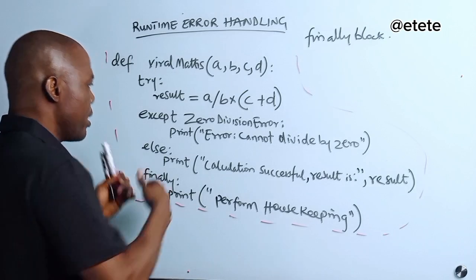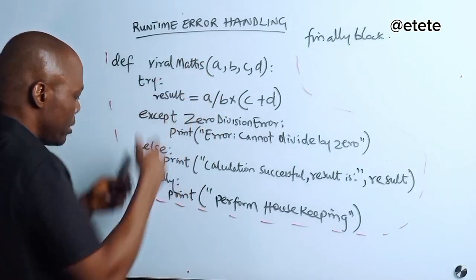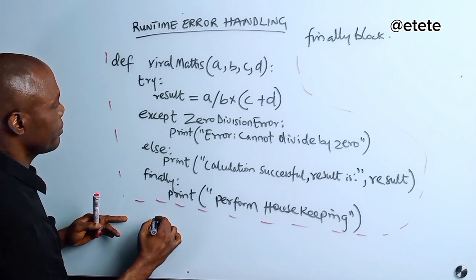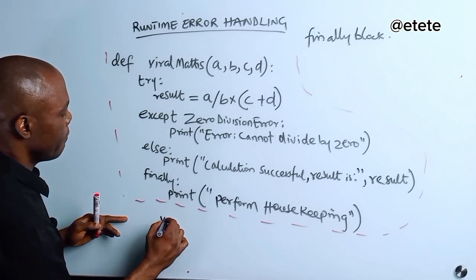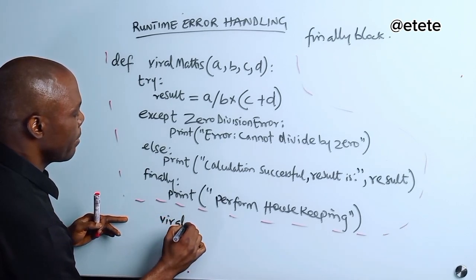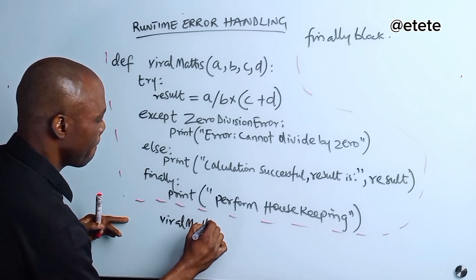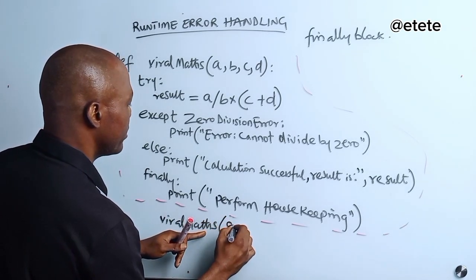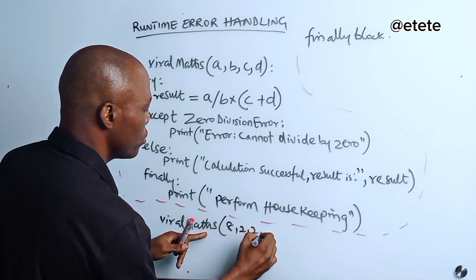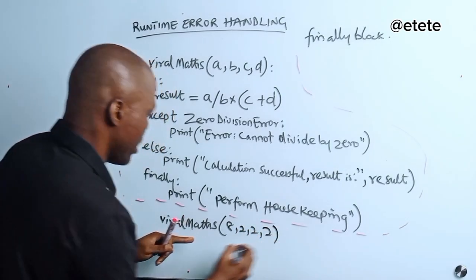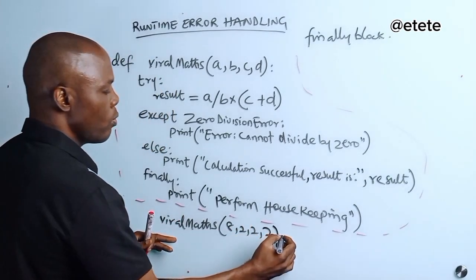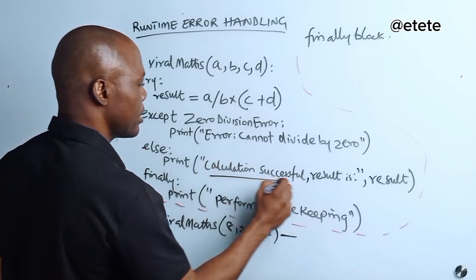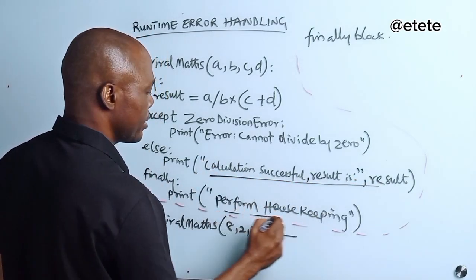So that is that. So if I decide to call this now by saying viral math, right? And then I supply 8, 2, 2, and 2. This one will print out this and this.